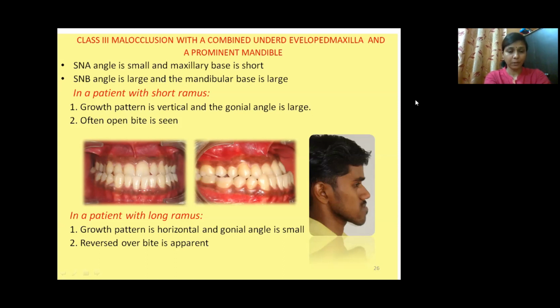In short ramus patients, the growth pattern is vertical and the gonial angle will be large, and these cases are mainly associated with open bite. Whereas in long ramus patients, the growth pattern is horizontal and the gonial angle will be small, and reverse overbite is apparent because the mandible is in a forward and upward direction.